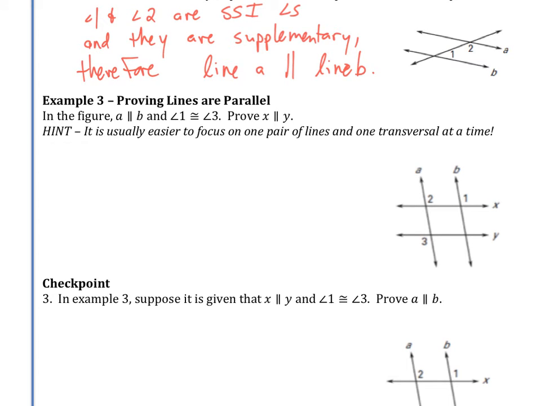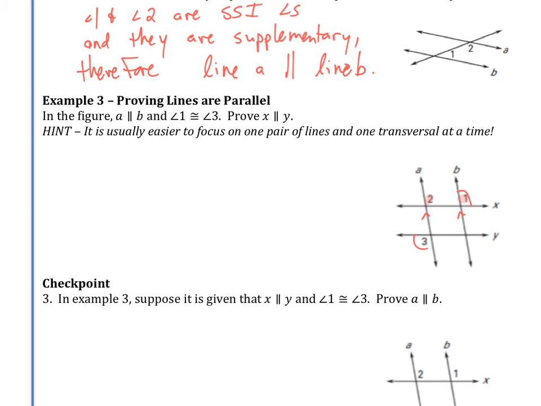All right, in example 3, it says in the figure A is parallel to B, and angle 1 is congruent to angle 3. Prove X is parallel to Y. So basically, we have a mini proof here. We know that A is parallel to B. So since A is parallel to B, if you ignore the bottom part, what kind of angles are 1 and 2?